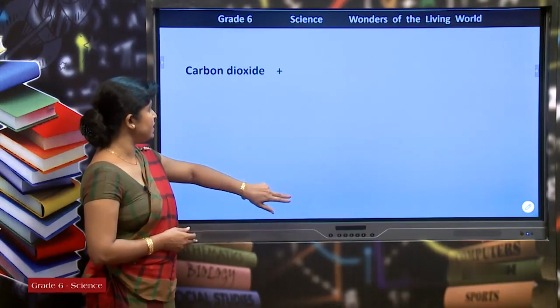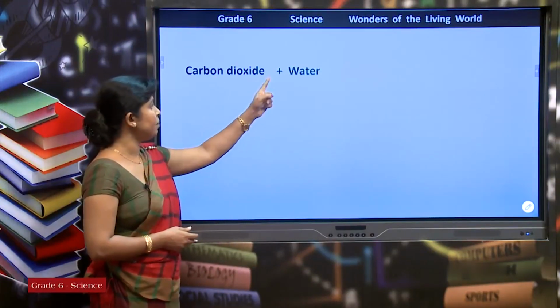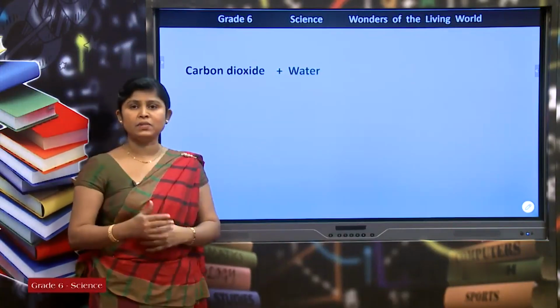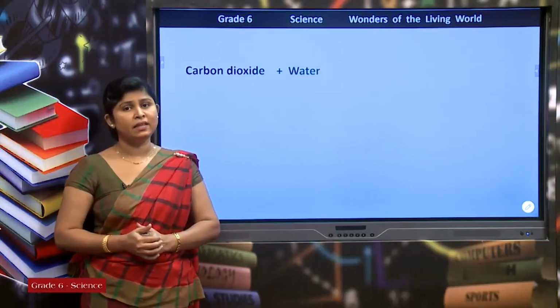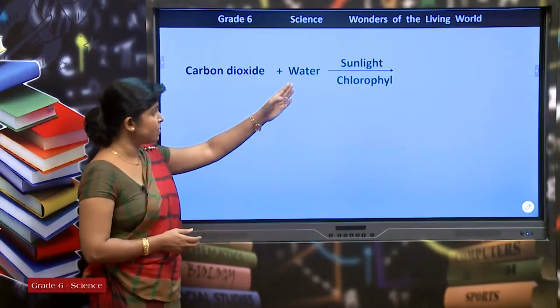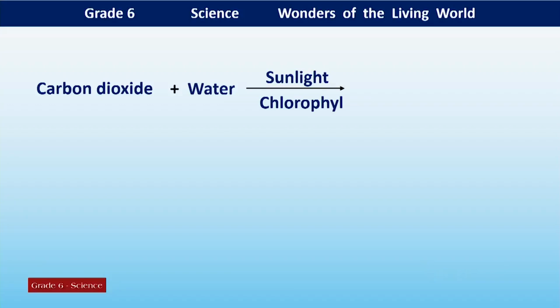I have summarized the process of photosynthesis in this way: carbon dioxide plus water. Carbon dioxide and water are used as raw materials in the process of photosynthesis, and the necessary factors for the process are sunlight and chlorophyll. Right now, as you are at the beginning of the grade 6 science syllabus, you might not know about chlorophyll, right?